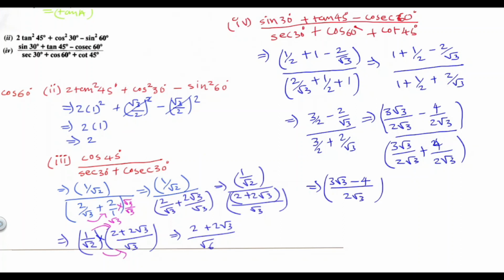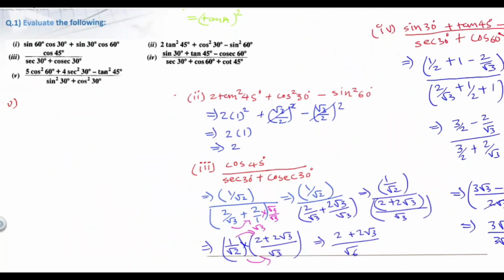Similarly, we can write it in multiplication, 2 root 3 divided by 3 root 3 plus 4, right? Just cancel this and get the value 3 root 3 minus 4 divided by 3 root 3 plus 4. Right, so here is the solution of this. Okay, now let's move to the next question.